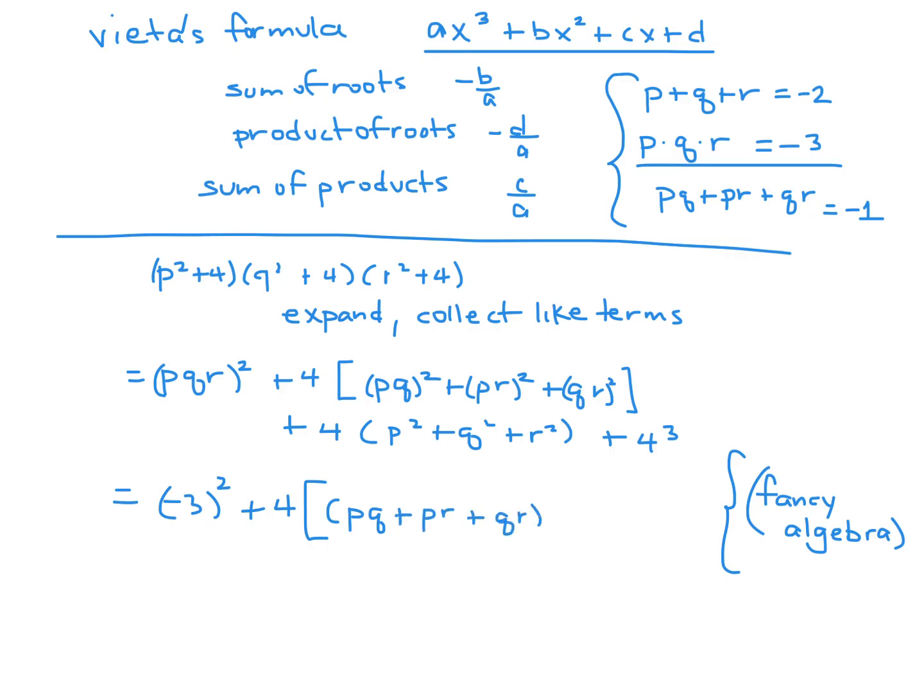(pq plus pr plus qr) all squared minus 2pqr times (p plus q plus r). So that took care of this guy.